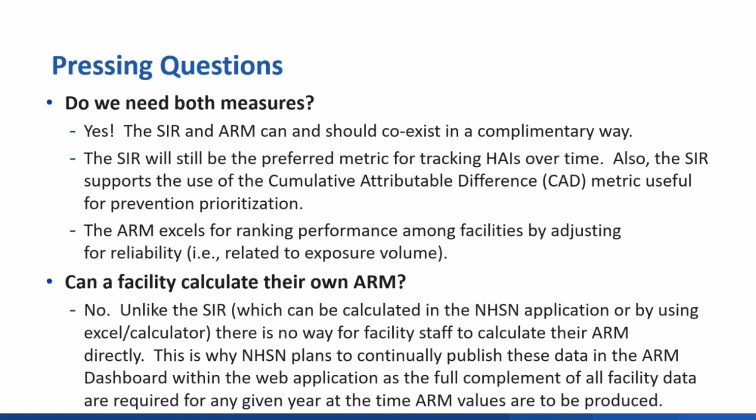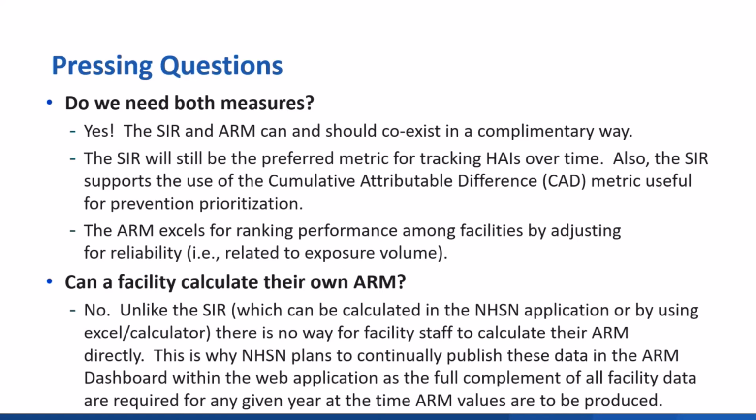Next, can my facility calculate their own ARM? And this is a no. And this is one of the nicest things about the standard infection ratio, is that if you knew the right buttons to push on a handheld calculator, you could calculate your facility's SIR using a handheld calculator. I wouldn't recommend it. It would be tedious, but you could do it.